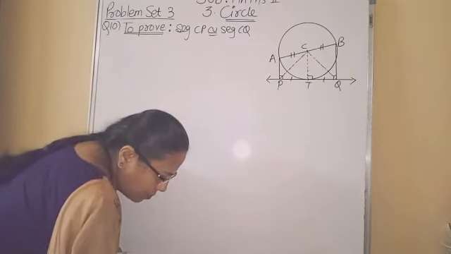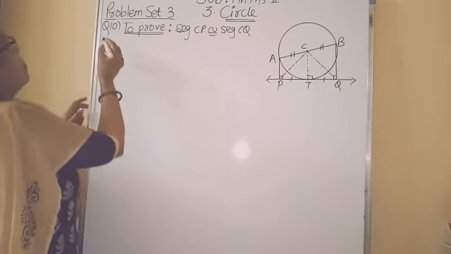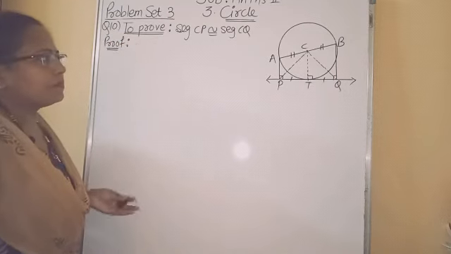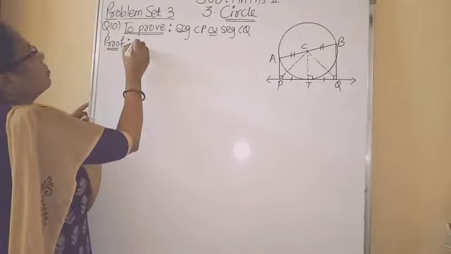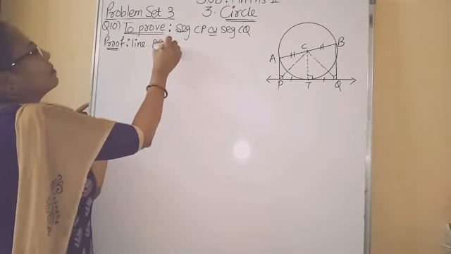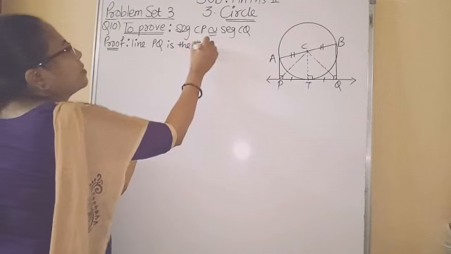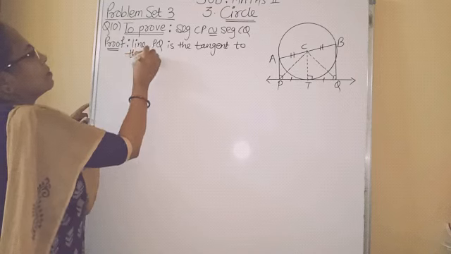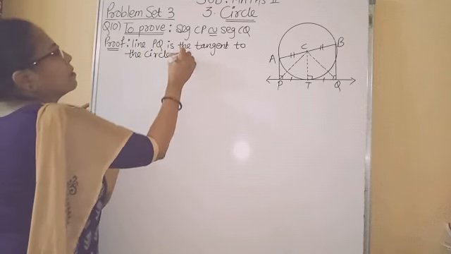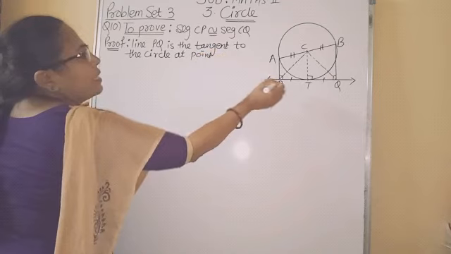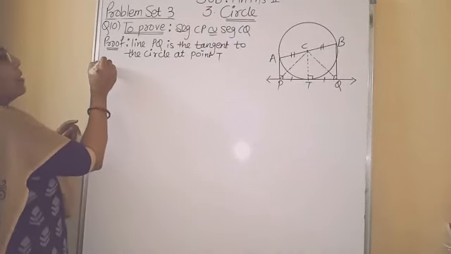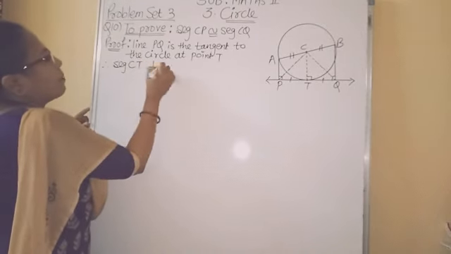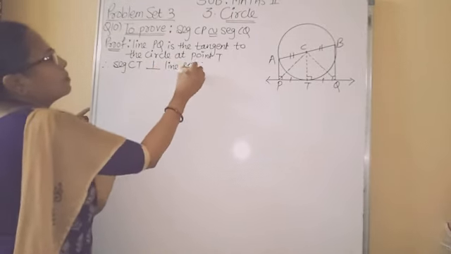So let us write proof. Proof. Okay. Line PQ is the tangent to the circle at point T. Therefore, segment CT perpendicular to line PQ.